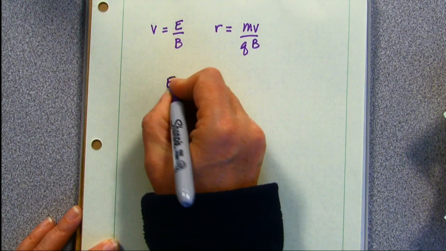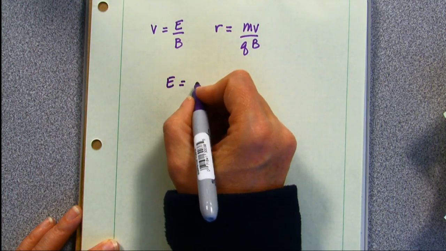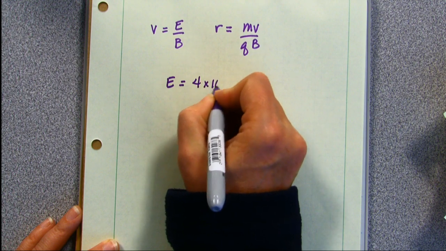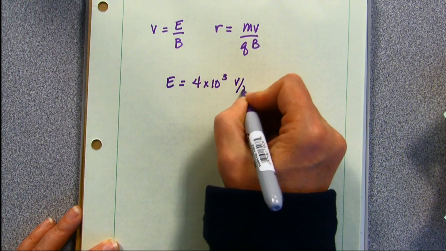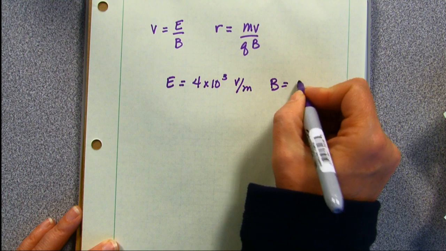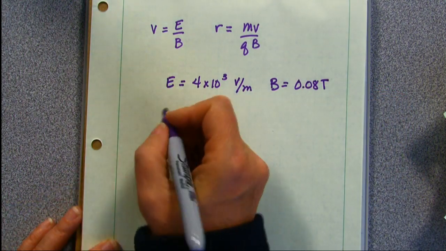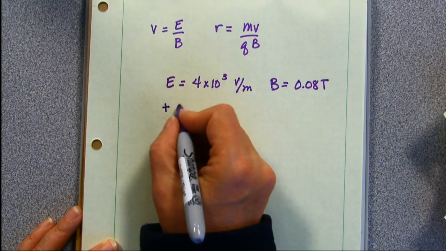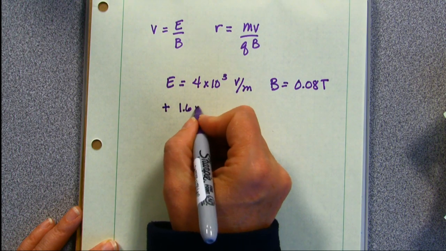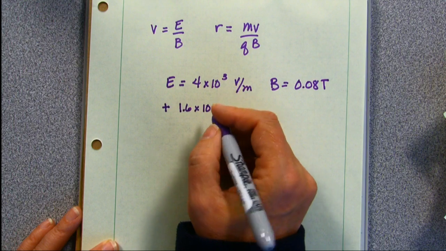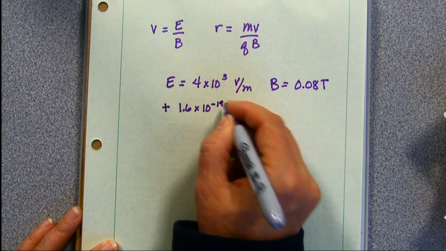We're given that E is equal to 4 times 10 to the third volts per meter, and B is given by 0.08 Tesla. We're told that these are going to be ionized oxygen, so they're going to have a charge of 1.6 times 10 to the minus 19 coulombs.